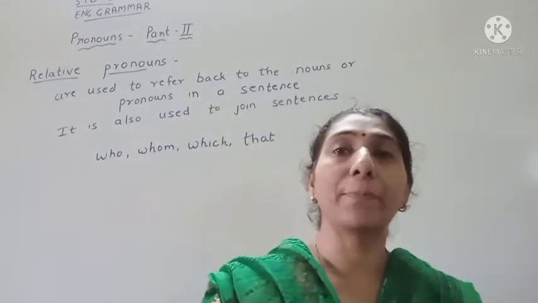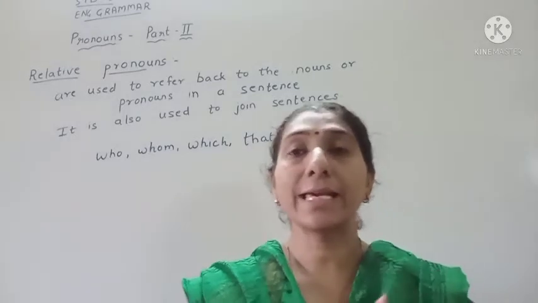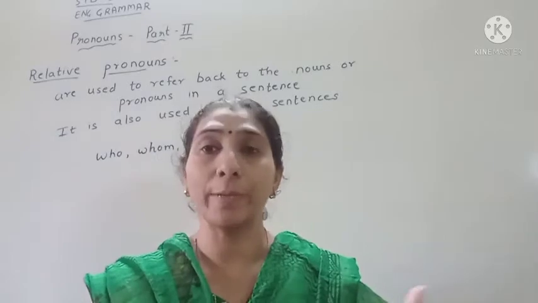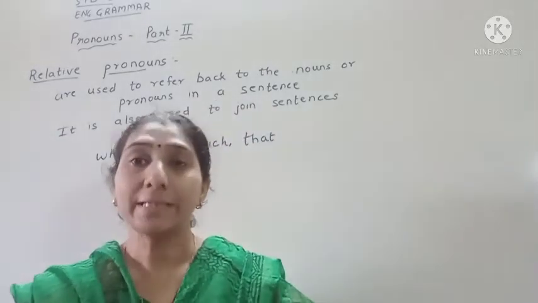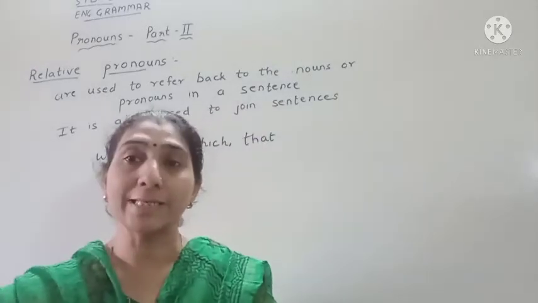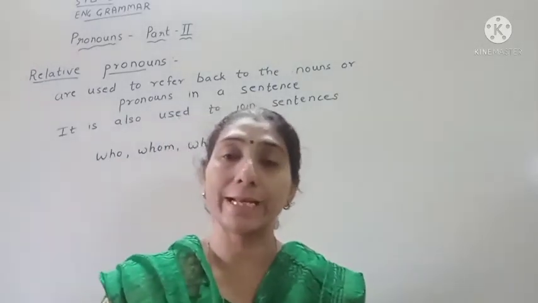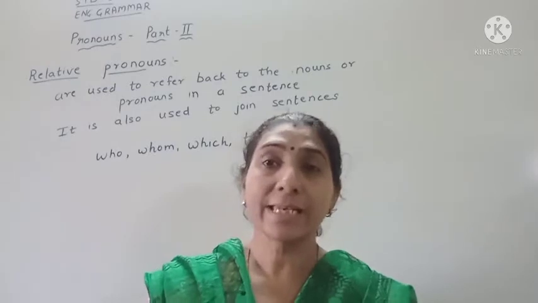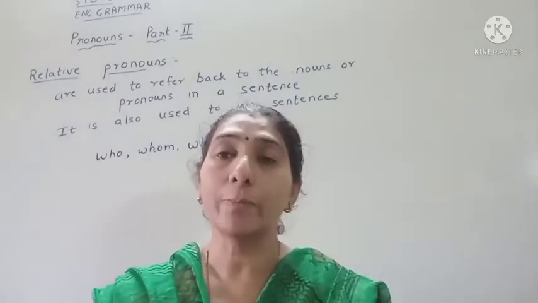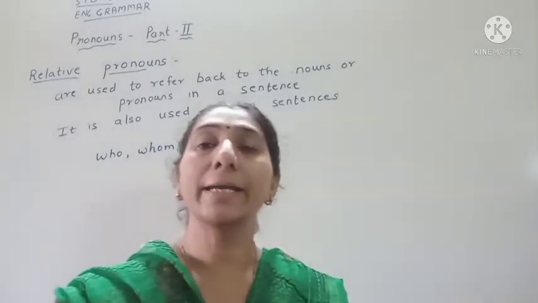Now for example, this is a pen. This pen was given to me by my teacher. How will I join these two sentences? This is the pen which was given to me by my teacher.